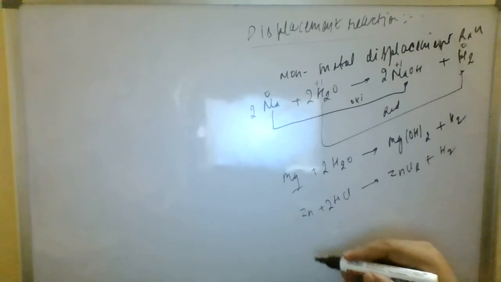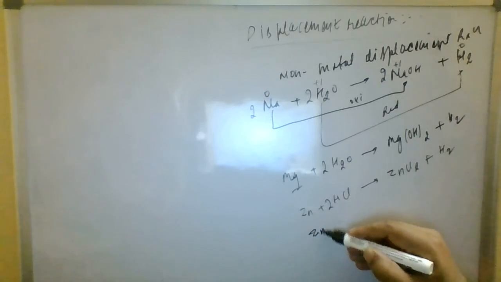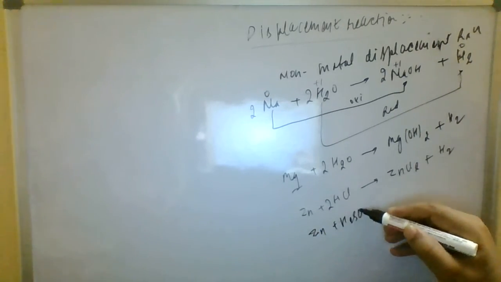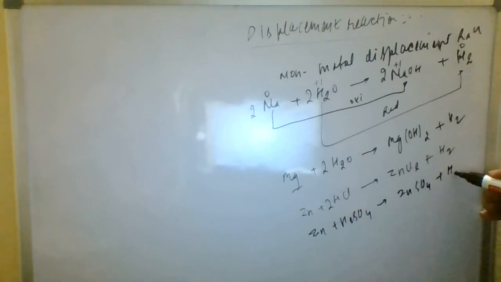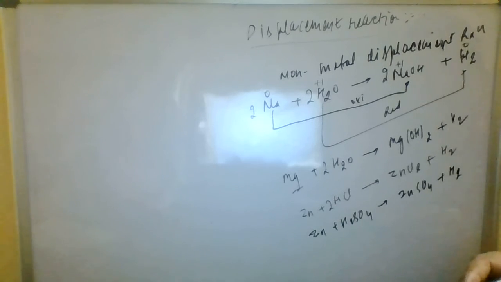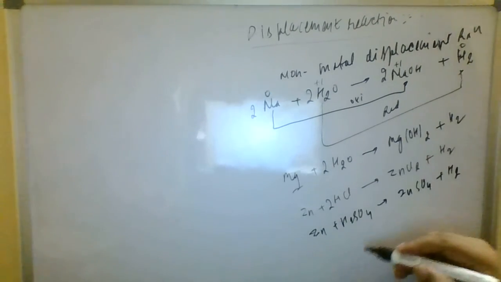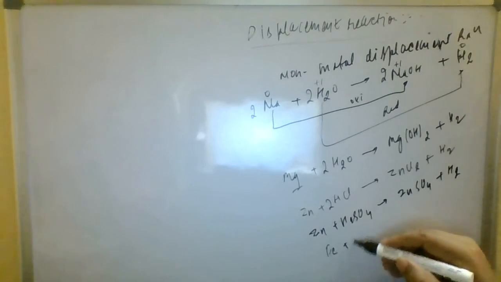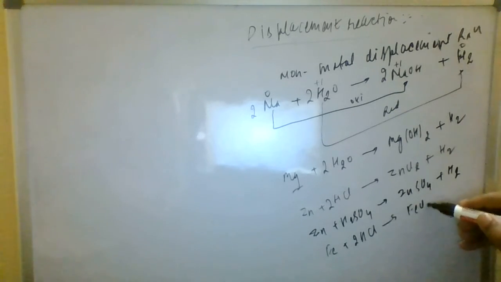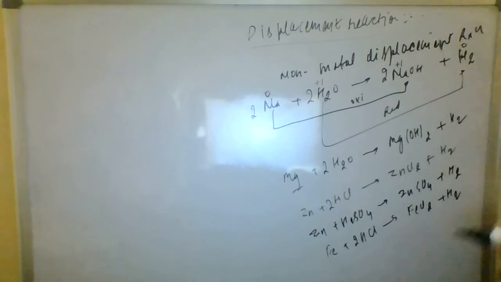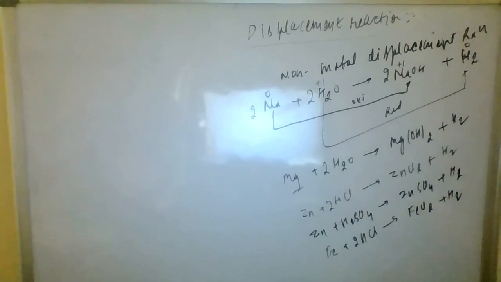And if we have Zn plus H2SO4, it gives ZnSO4 plus H2. This is also a displacement reaction. And if you take Fe plus 2HCl, it gives FeCl2 plus H2. So it is also an example of a non-metal displacement reaction.